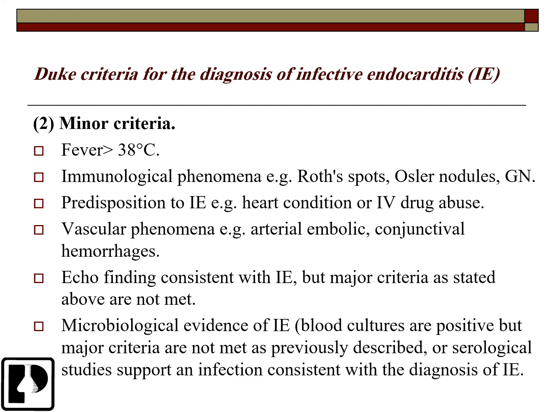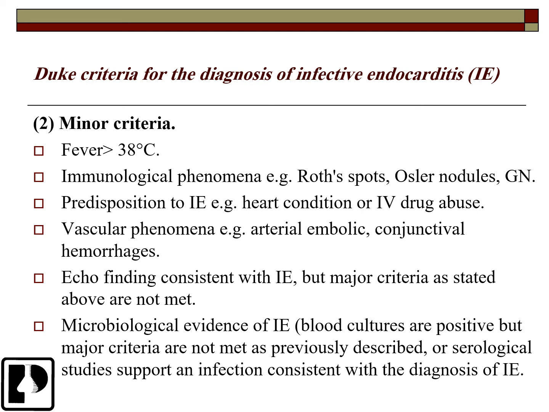The minor criteria: fever more than 38 centigrade; immunological phenomena such as Roth spots, Osler nodes, glomerulonephritis; predisposition to infective endocarditis such as a heart condition or IV drug abuse; and vascular phenomena such as arterial emboli and conjunctival hemorrhage, and so on.